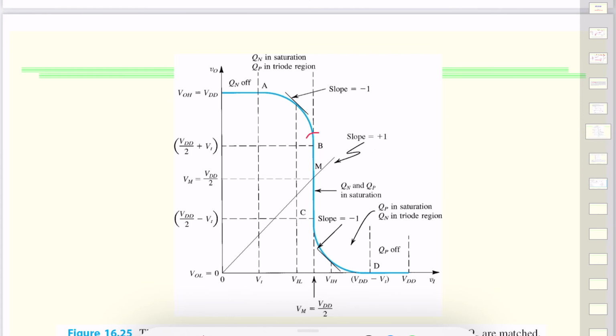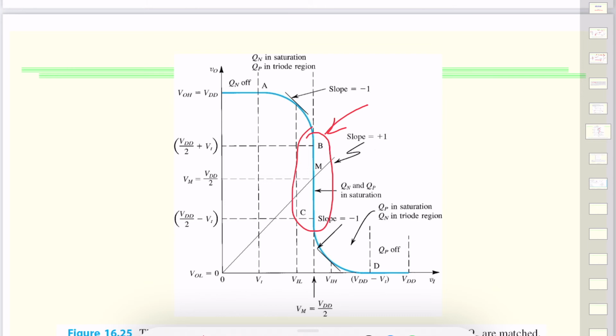So this part BC is where the transition happens, at the point where QN and QP are both operating in the saturation region. And in the saturation, we neglect the finite output resistance. That means that we can assume there is no channel length dependence, and hence the gain is infinite. The slope is infinite, and we can say the gain is infinite.